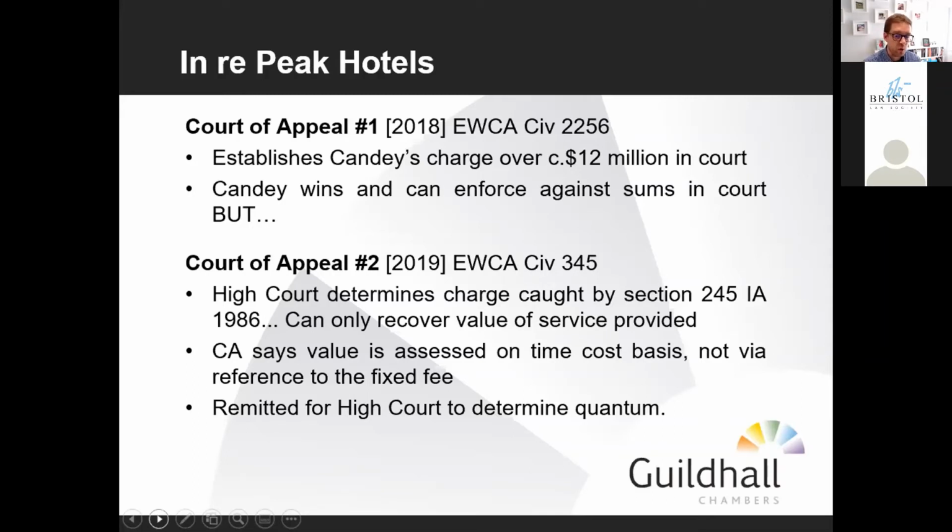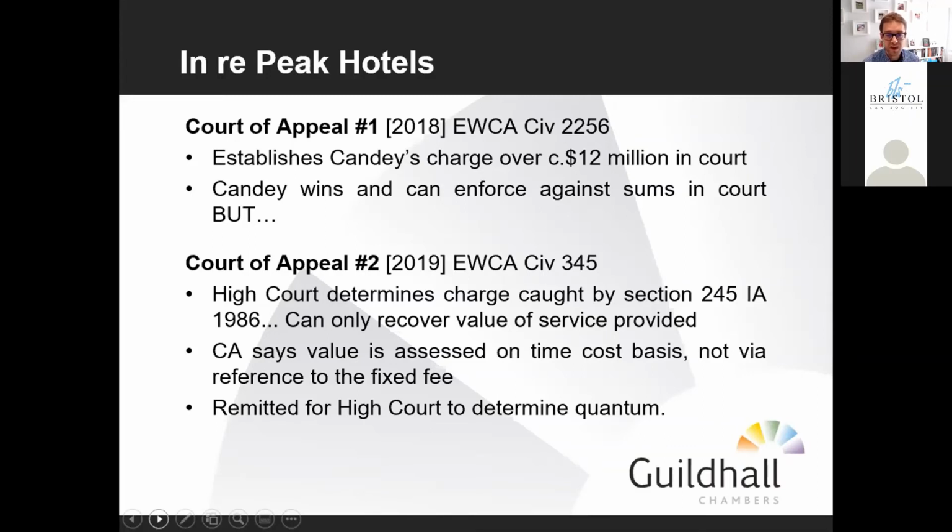And ultimately, the Court of Appeal agreed with the liquidators and said that where you've got a floating charge like this, even though the solicitors have got a contentious business agreement that entitles them to fixed cost remuneration, they can only enforce their charge on a value of service or value of services assessed on a time cost basis.